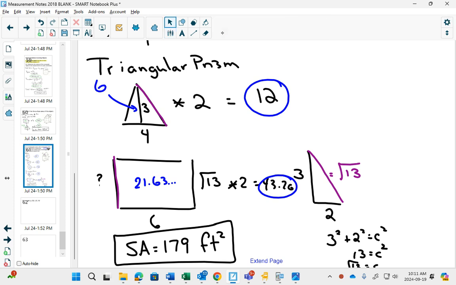Add this all up and round to the nearest square foot, I get 179 feet squared.